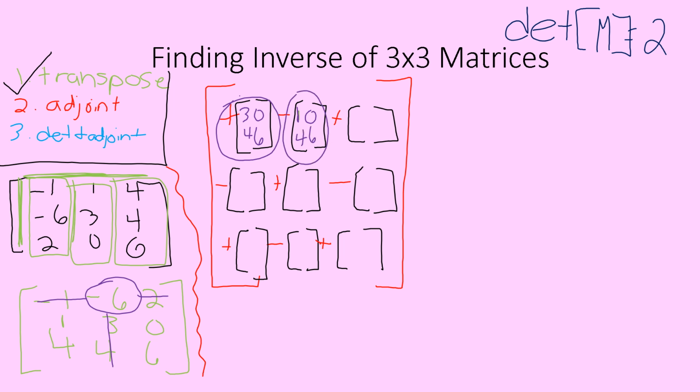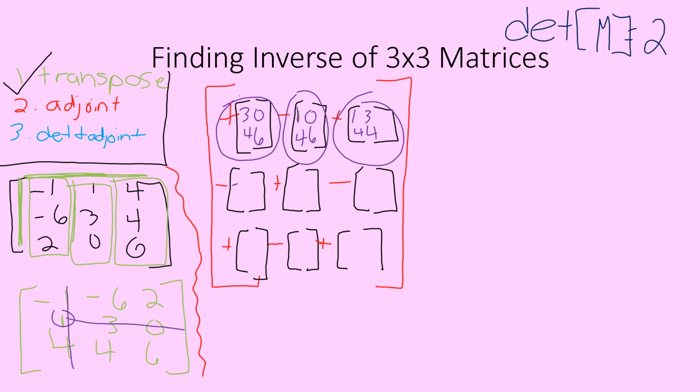And then we are going to follow the same process with our 2, and we're going to cover up that row and that column, and we will get 1, 3, 4, 4. Then we're going to cover up our 1.